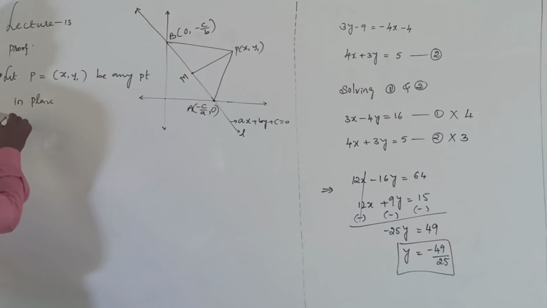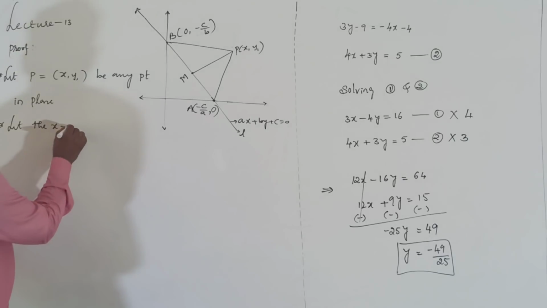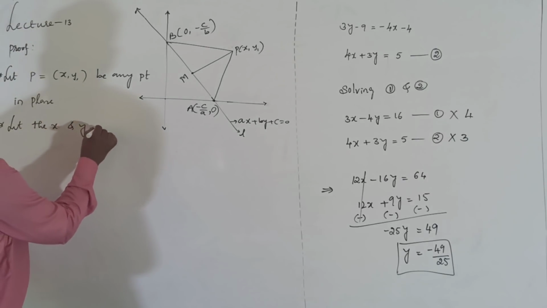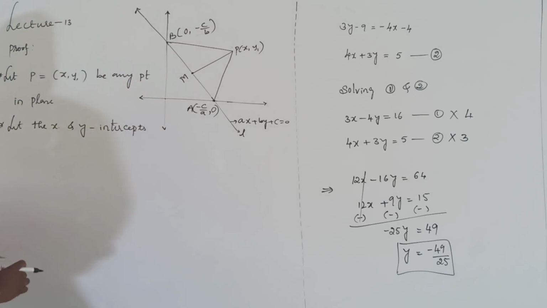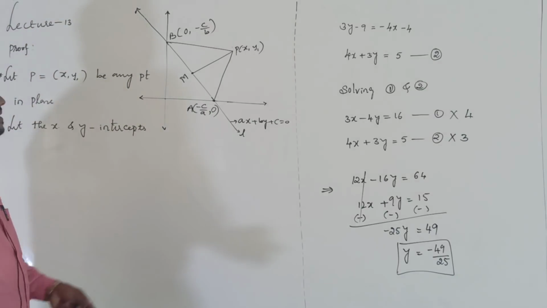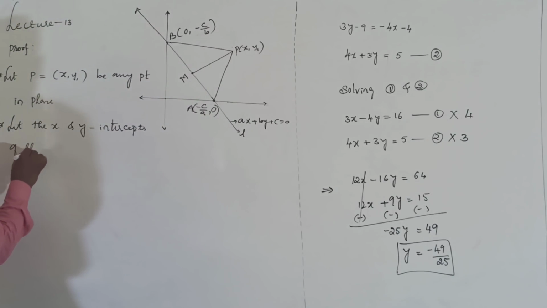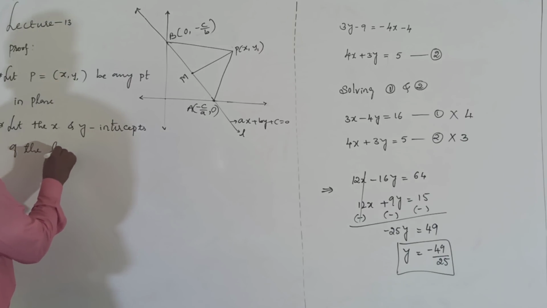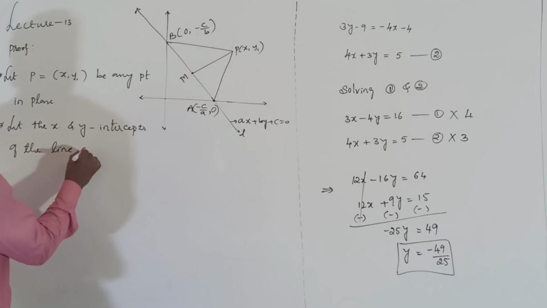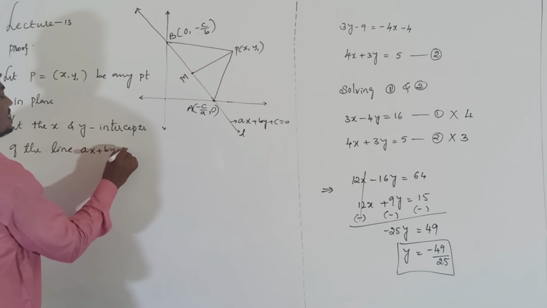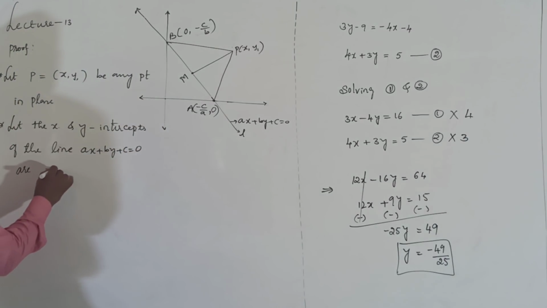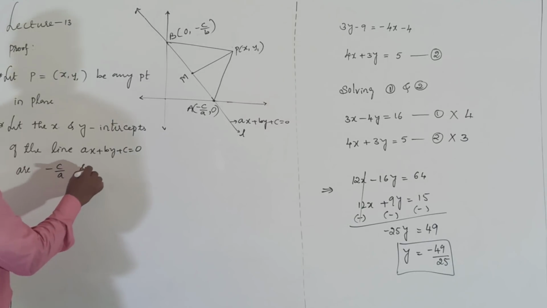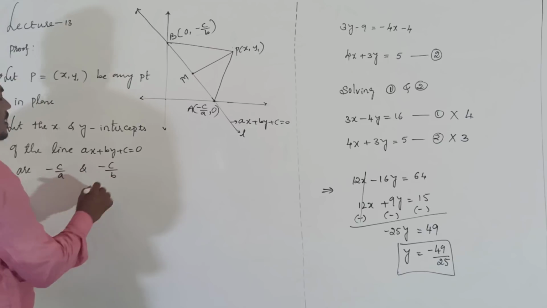After that, let the x and y intercepts of the line ax plus by plus c equal to 0 be minus c divided by a and minus c divided by b.